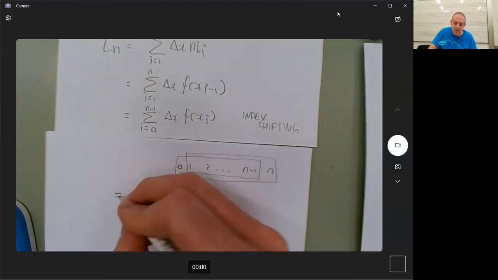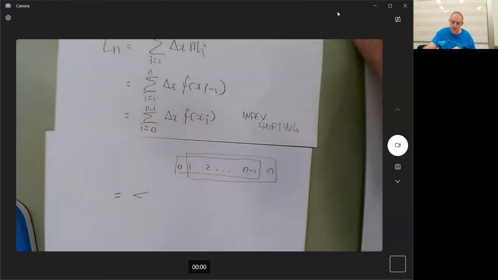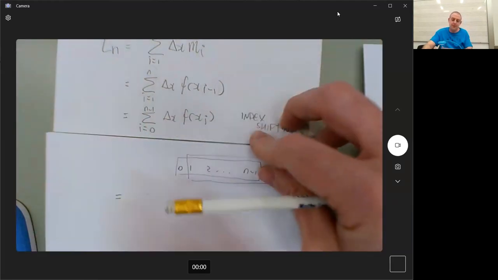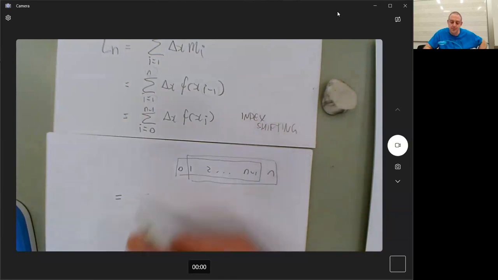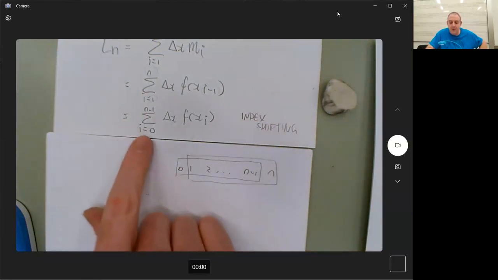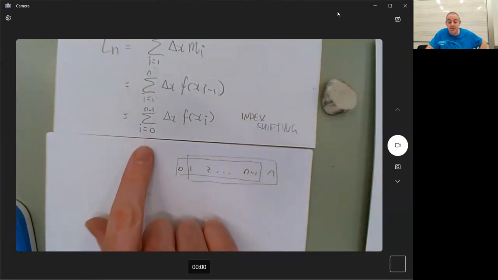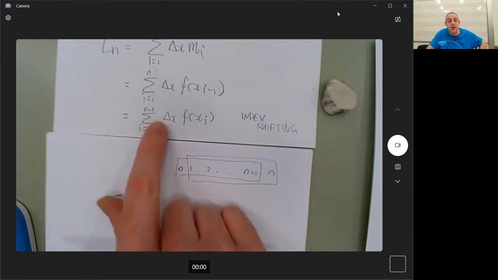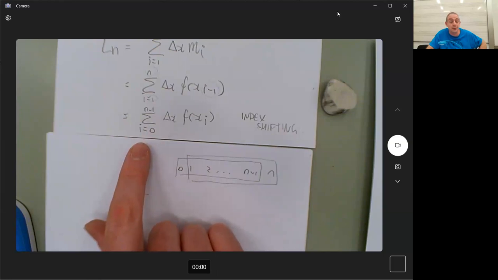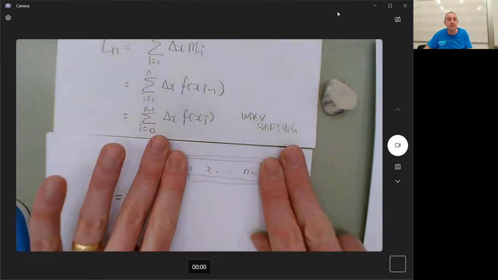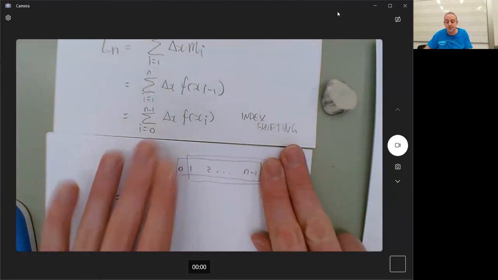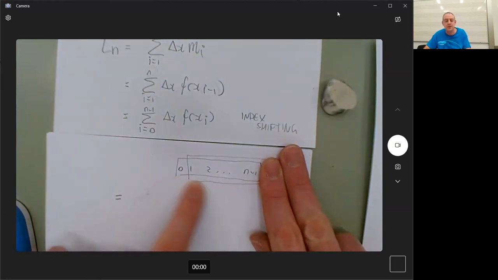And so here's the magic trick. I know the answer for Un. So if I remove the one with i equals 0, then I'll have this bit. So this is what Ln is, this bit here.